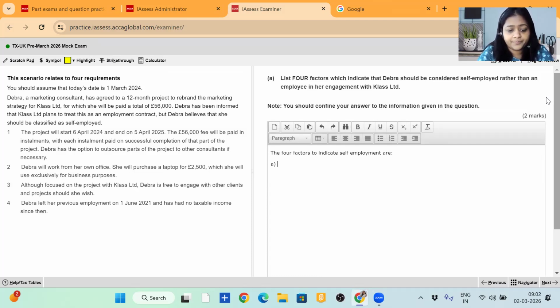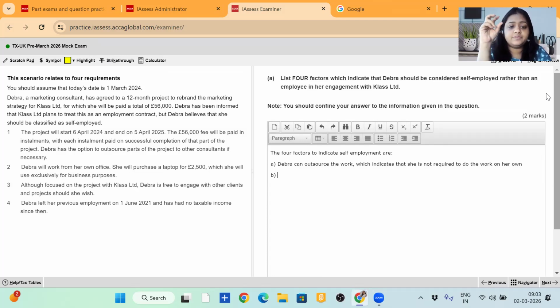So Deborah can outsource the work, which indicates that she is not required to do the work on her own.